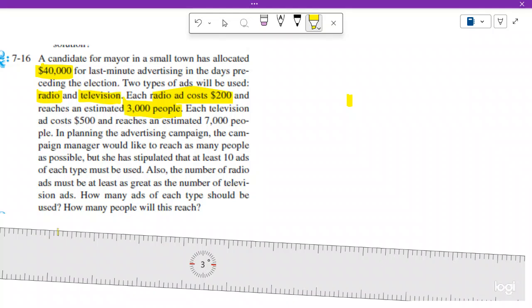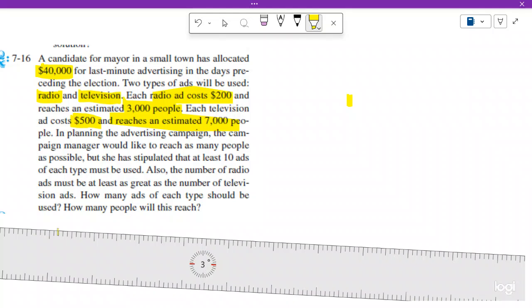What you desire is the reach, which is 3,000 people, not how much you are being hosted. What you desire is the reach of people. And then each television ad costs 500 and reaches an estimate of 7,000 people.